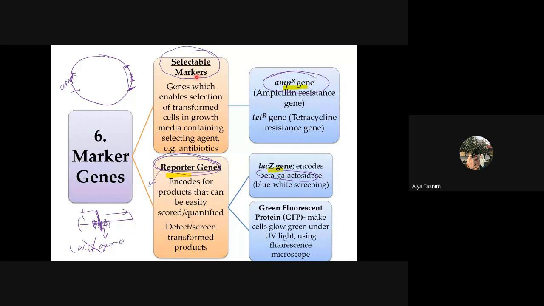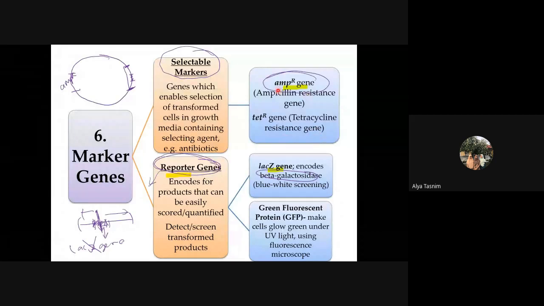What are selectable markers? Genes which enable selection of transformed cells in growth media containing selecting agents such as antibiotics. So examples of selectable markers are ampicillin resistant gene and TETR gene, which is tetracycline resistant gene.